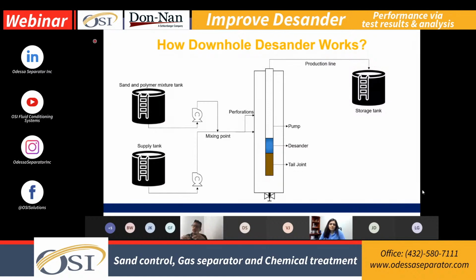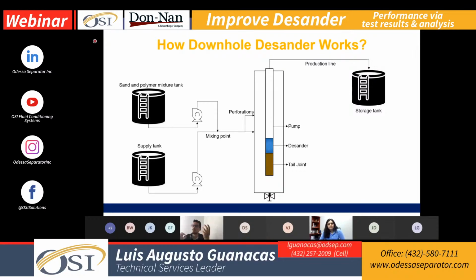We used our desander, and we had a tail joint set up below that. At the bottom, we have a push valve, and then we have the storage tank, which is going to catch all the production fluid. This is basically how we set up everything.